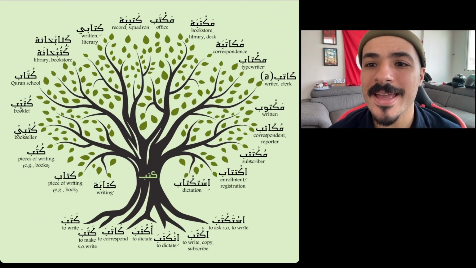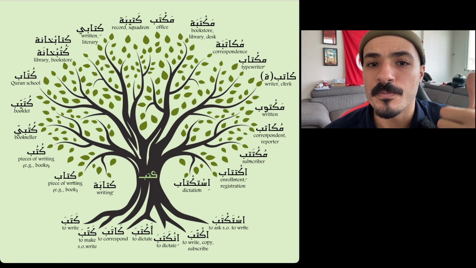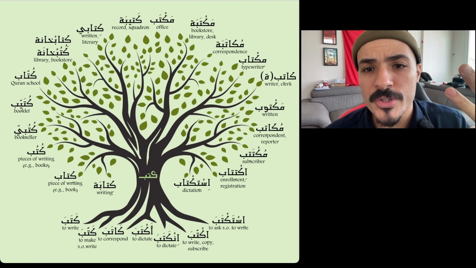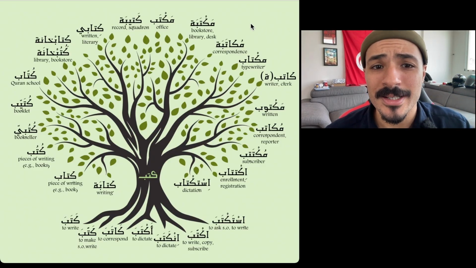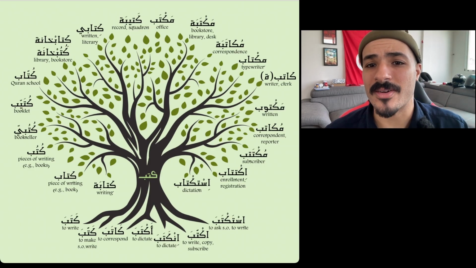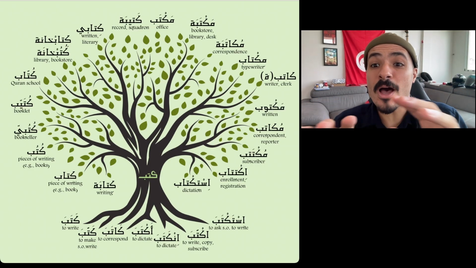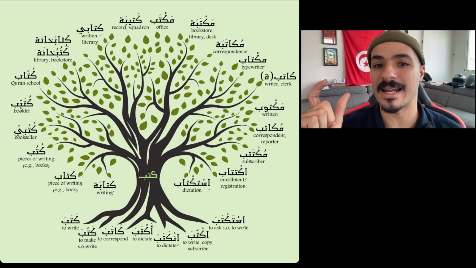Of course, this lecture won't cover everything, but from here we can have a lot of words. If you look at the English translation, it's office, record, written, bookstore, correspondence, library, school, typewriter, and etc. But all of them sound very similar in Arabic. All of them are coming from the same family in Arabic.